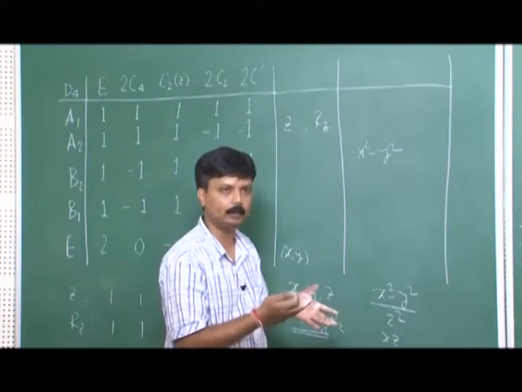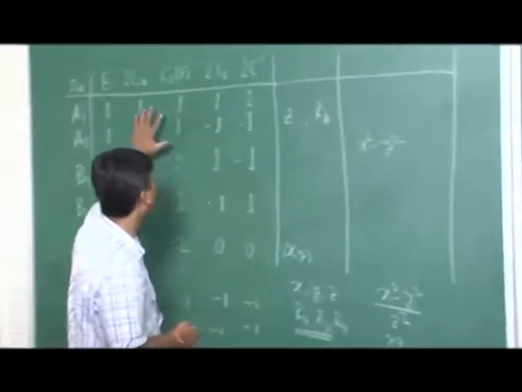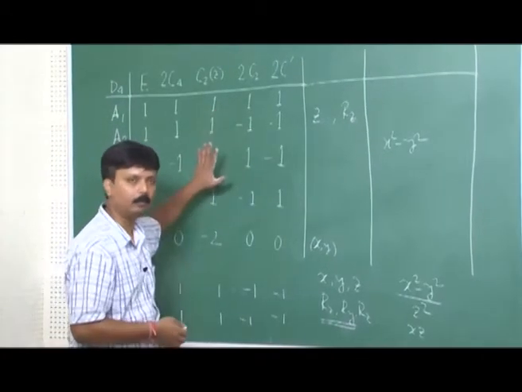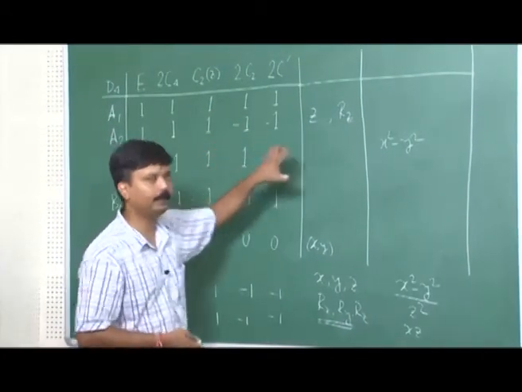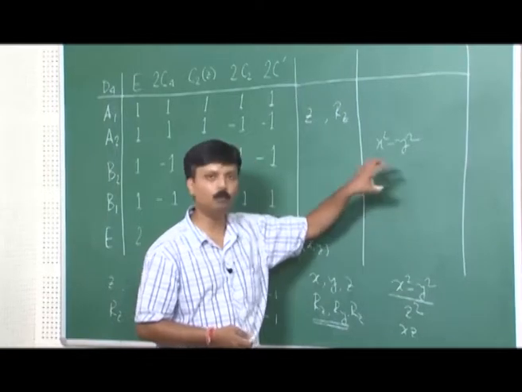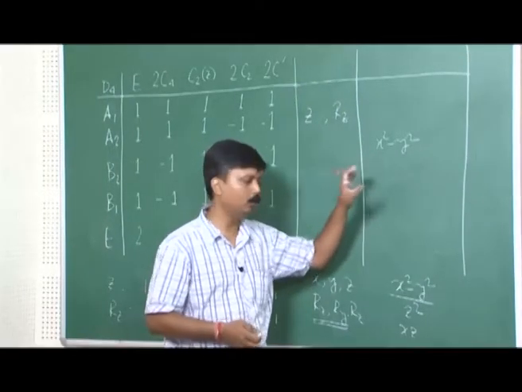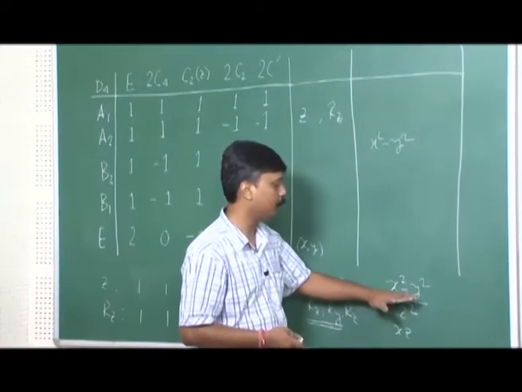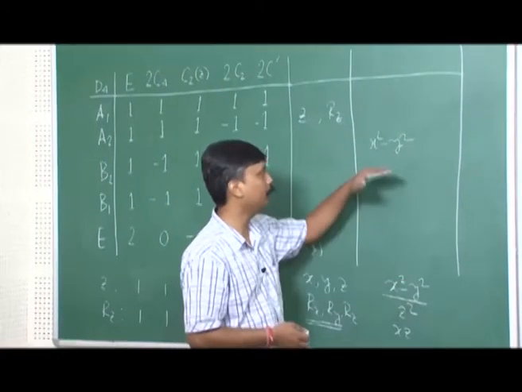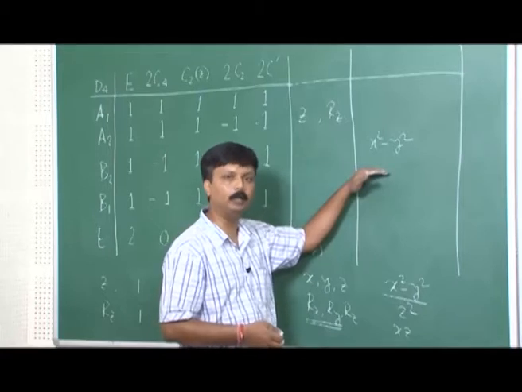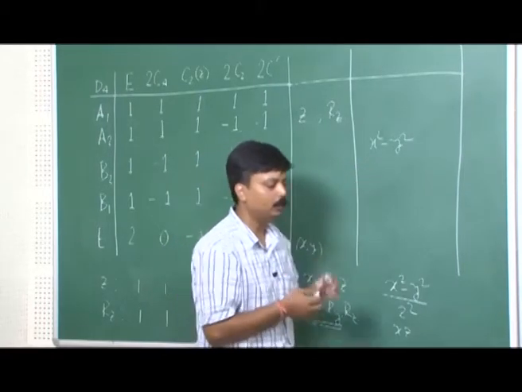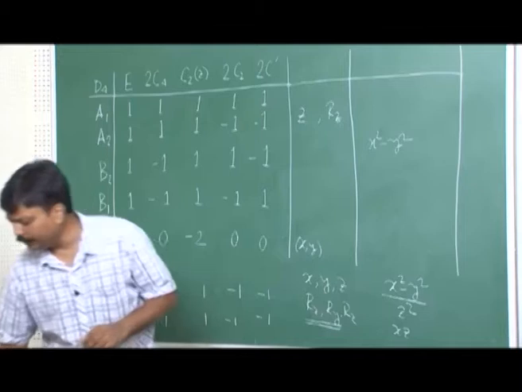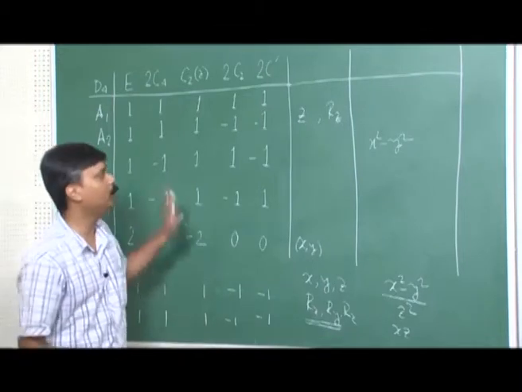So you get the characters, and then you match with the irreducible representation that you have already formed, and you ascribe that particular function to one of the IRs with which you get the match. That means that particular function will transform as that particular IR. All right. So this is how you can form the total character table.